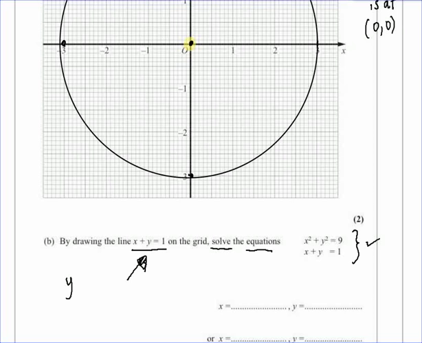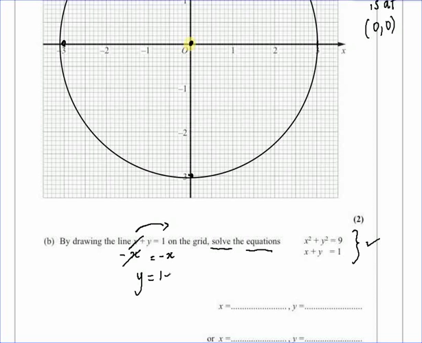In order to draw x plus y is equal to 1, you need to rearrange it in the form y is equal to mx plus c, and you can easily achieve that by taking the x onto the other side. So what you can do is look at this equation and take away x on that side and take away x on that side, and what's going to happen is the x is going to cancel out, and on that side you're going to be left with just a y, and on the other side you're going to have 1 minus x.